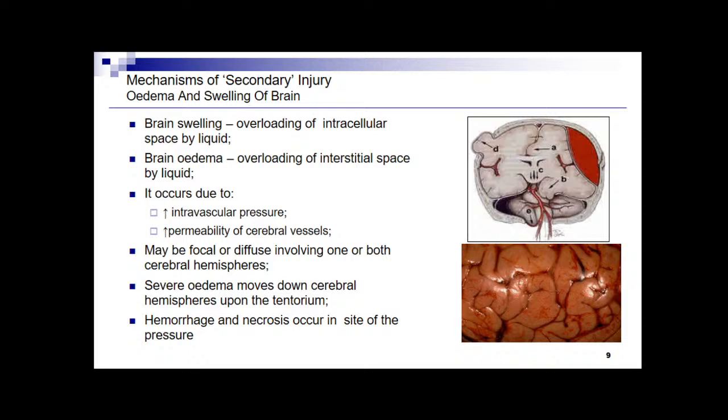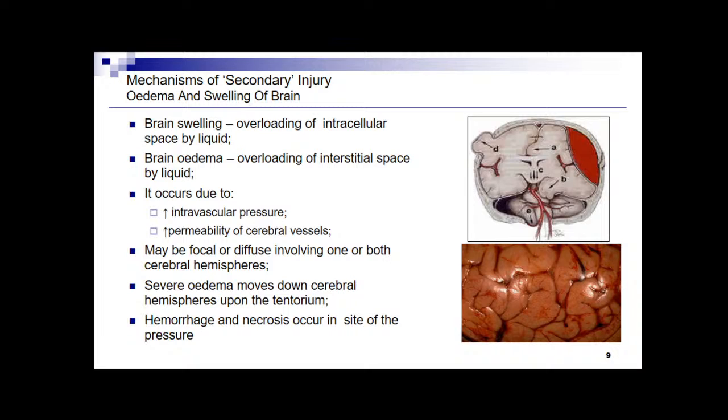You should differentiate brain swelling and brain edema from one another. Brain swelling is the overloading of intracellular space by liquid. Brain edema is the overloading of interstitial space by liquid. If the proteins and water accumulate inside the cells, this is swelling.